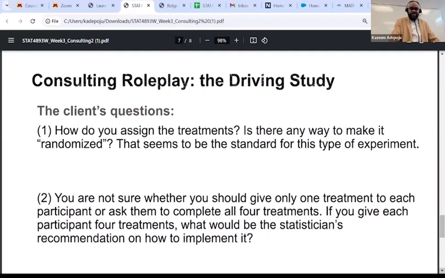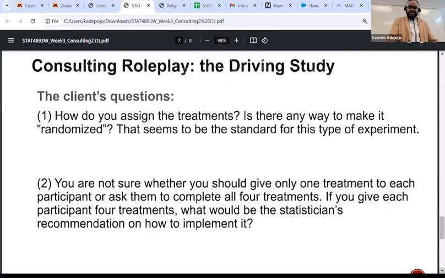The client question: how do you assign the treatment? When I say client question, it's the question you are asking the clients, because you are the consultants.